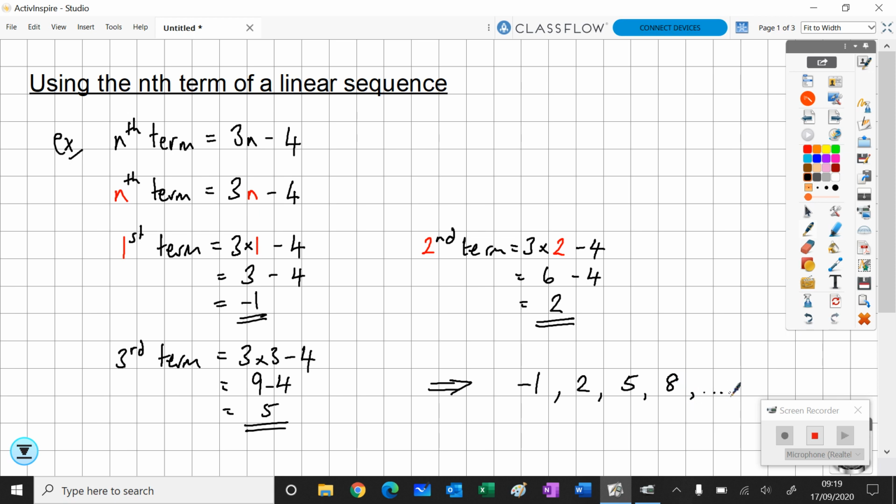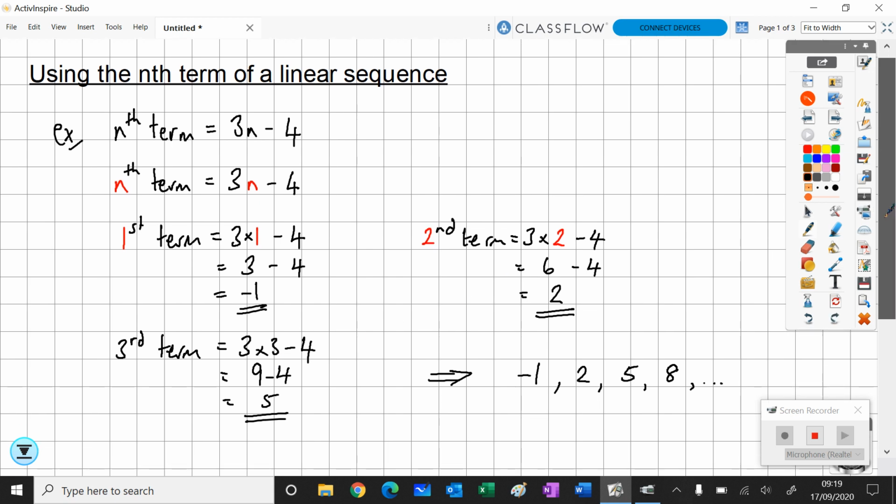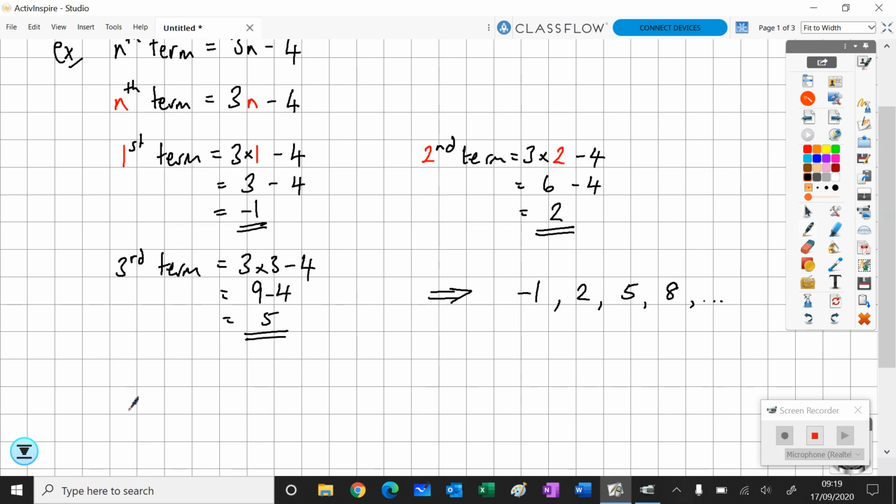But the really nice thing about this way of describing a sequence is that we don't have to start at the first one and work our way up. We could, if we wished, work out any term, any position in the sequence that we like. The 50th term is going to be 3 times 50, take away 4.